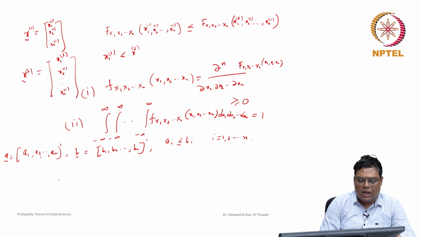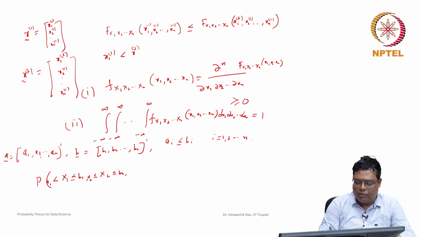What is the probability that x1 takes a value greater than a1 and less than or equal to b1, x2 is greater than a2 and less than or equal to b2, and so on up to an less than xn less than or equal to bn?